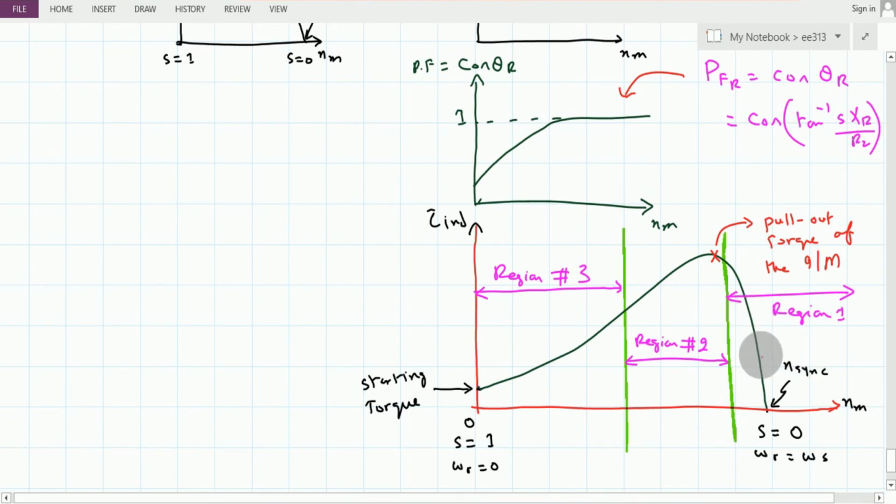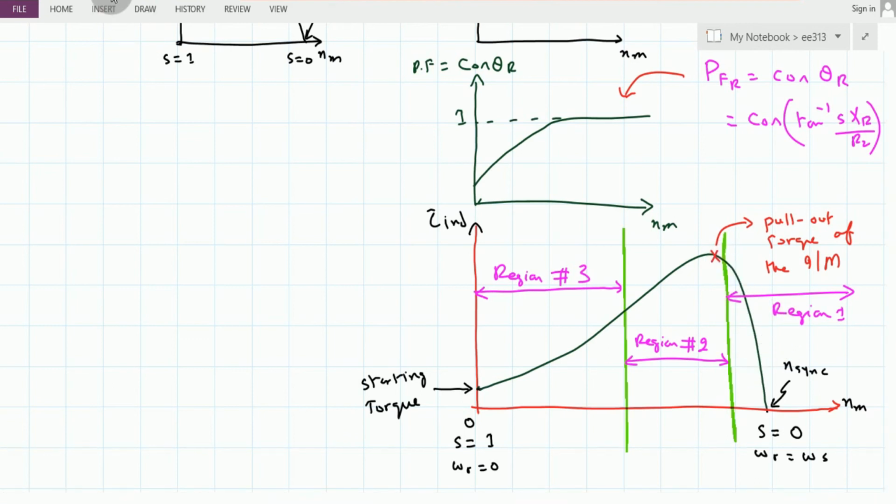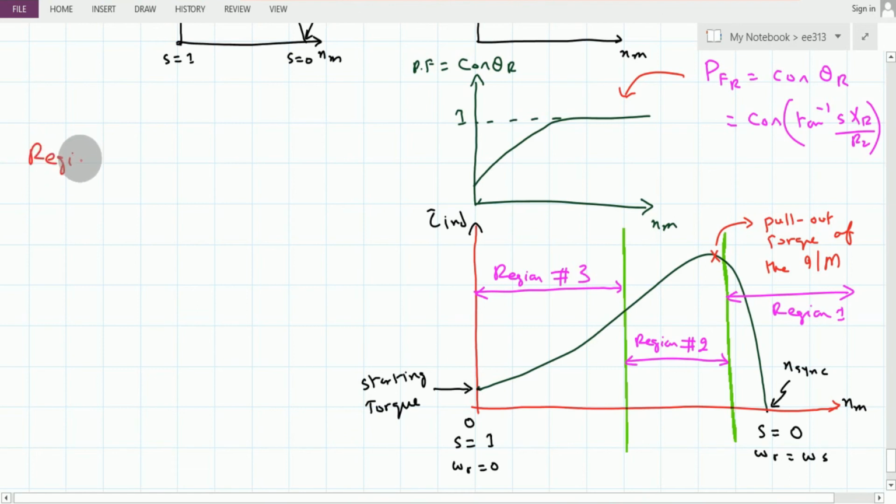So in this linear region, let us write down the attributes here. For region number 1, it is a low slip region, right? Slip is very low. It is 0 at the end of this region.